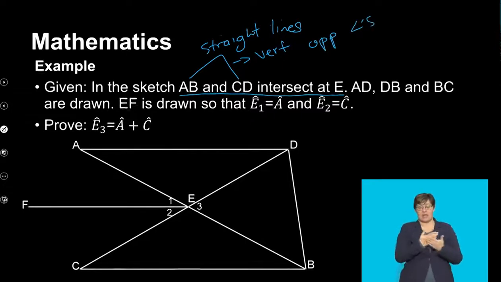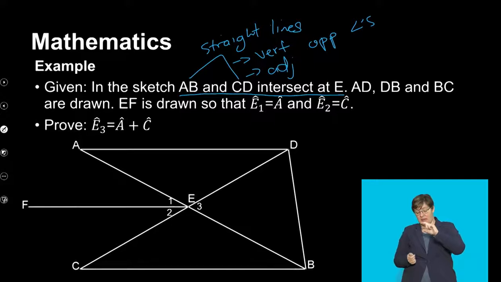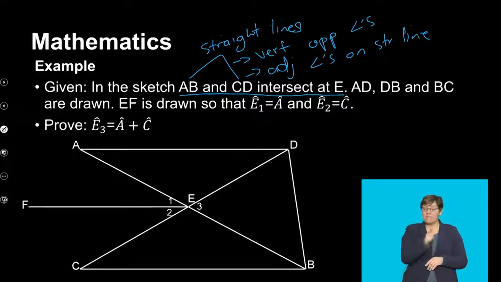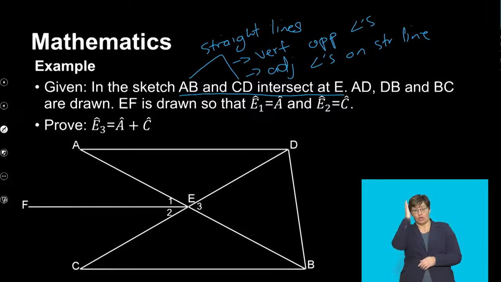You can also talk about adjacent angles on a straight line, which is just revision of things that you know. You can only think about these things based on the fact that I'm telling you that AB and CD are straight lines that are intersecting at E.